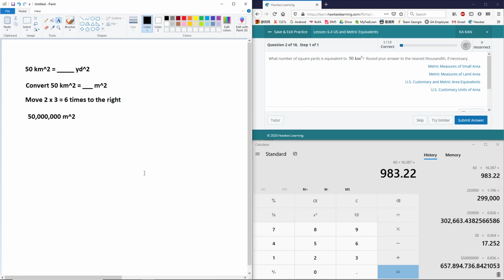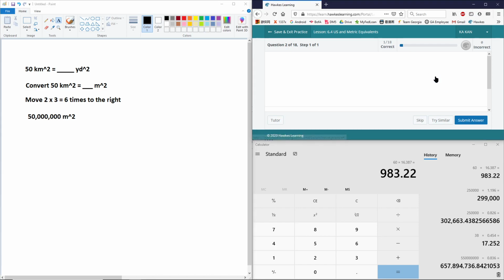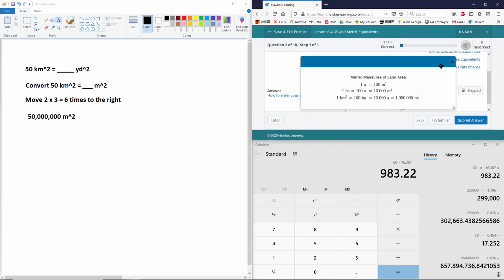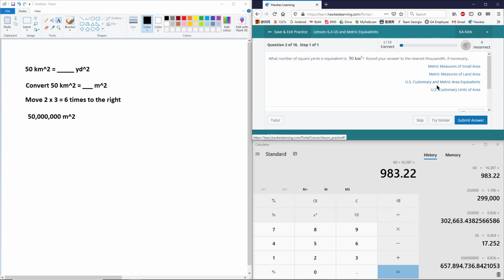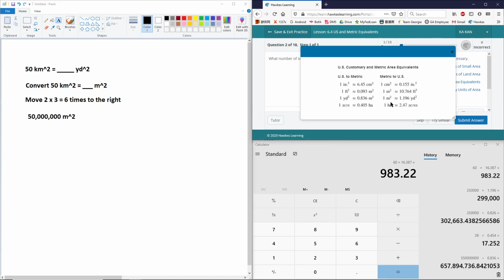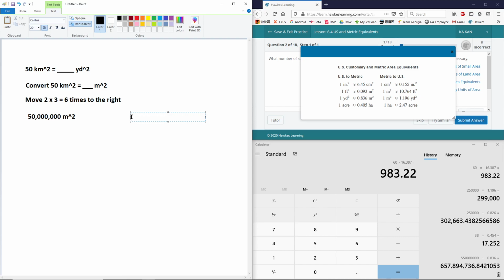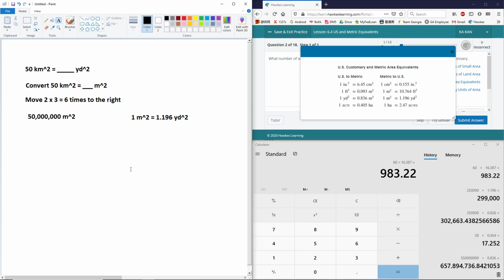Now we have to go from 50 million square meters to square yards. That's using this information. 1 square meter is 1.196 square yards. So this one's actually not too bad. You could do a proportion, but you end up multiplying anyway.